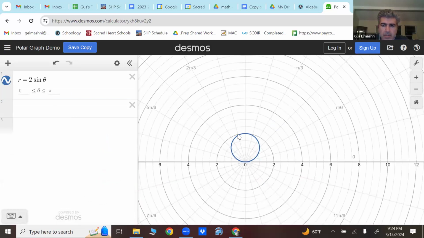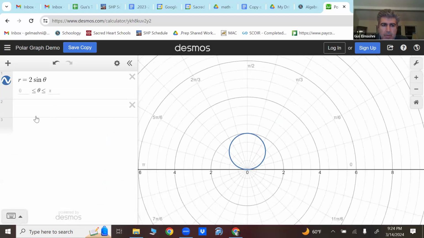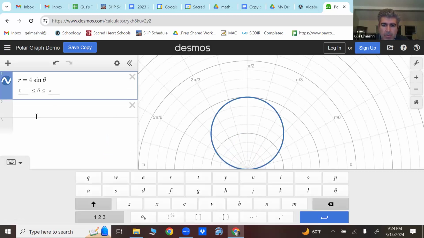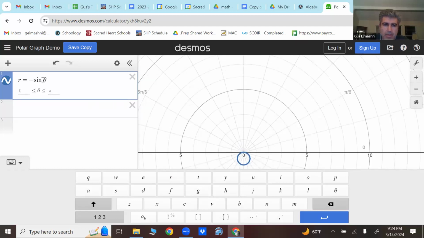But then if I change that to say 4, see it gets bigger. Where I put a negative goes below. Then you get some weird stuff like this, which are kind of neat shapes, actually.